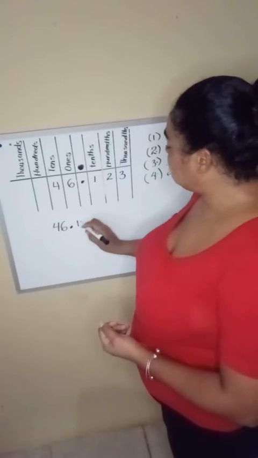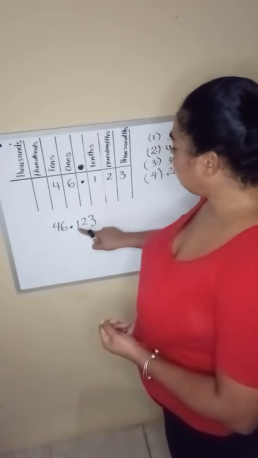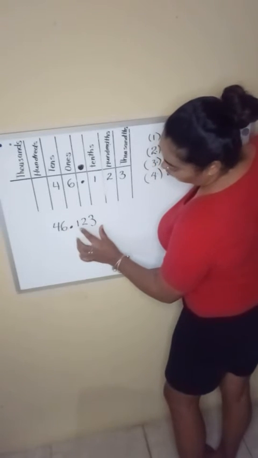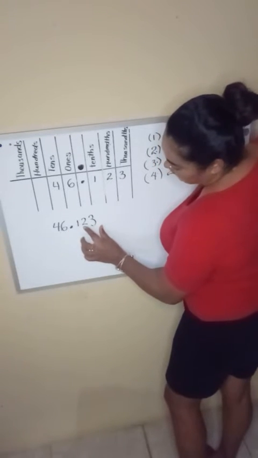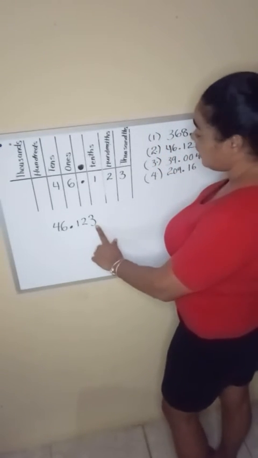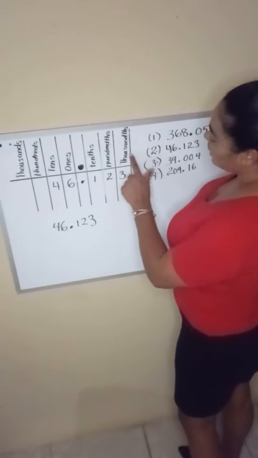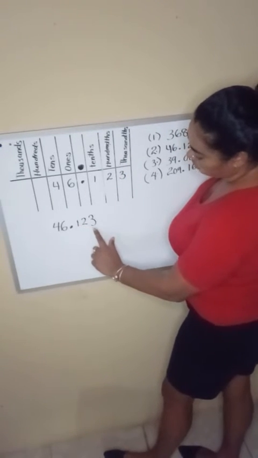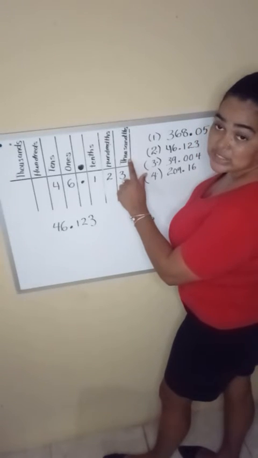1, 2, 3. How do you read this section here? 123, right? And since the 3 falls under thousandths, you're going to say 123 thousandths, right?